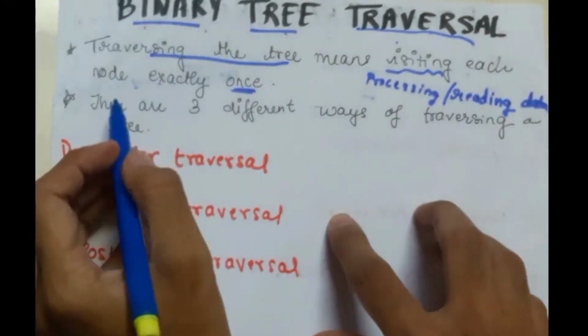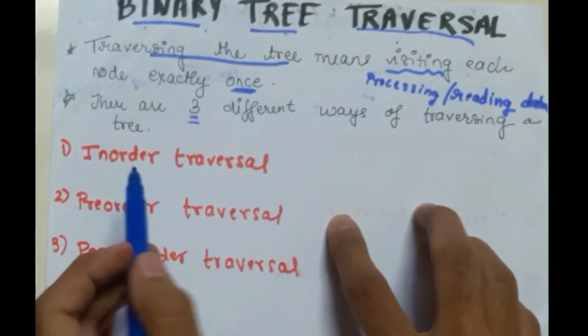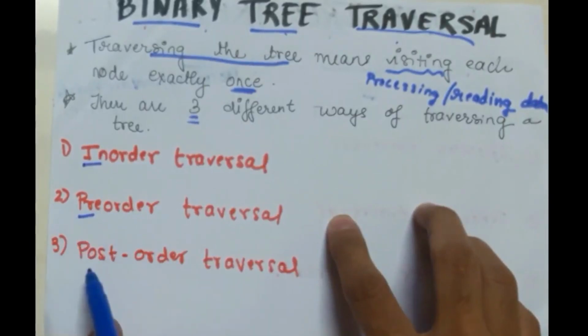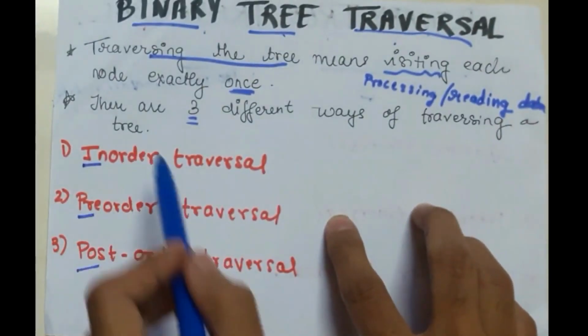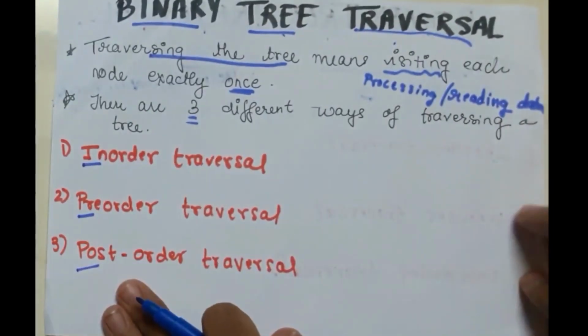Okay. Now there are three different ways of traversing a tree. Three different ways. And what are those? Inorder, preorder and postorder. Now how these three ways are generated, let us see. First, consider a tree like this.